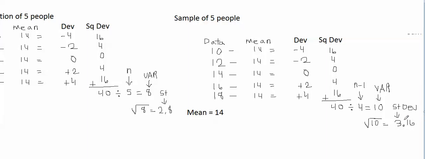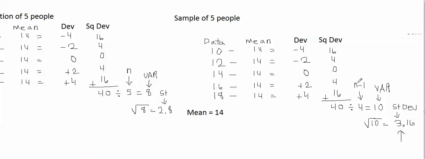But remember that the value that we really care about is the standard deviation, because that's what's commonly used to measure dispersion. So I wanted to talk about the reason for this n-1 adjustment.